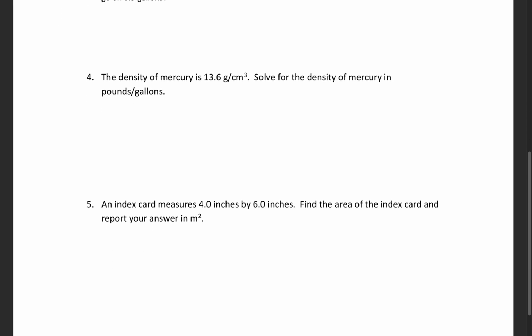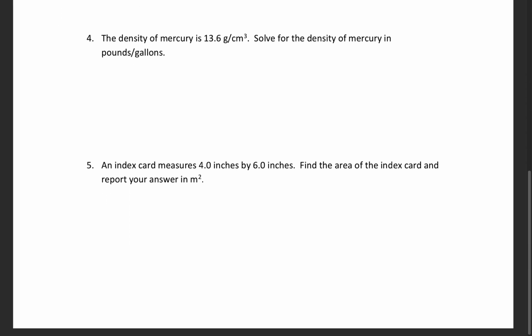These are all pretty easy. Here, for instance, a little trick. It says an index card measures 4.0 inches by 6.0 inches. Find the area of the index card and report your answer in meters. Now, because you're finding the area, you do need to have an equation.